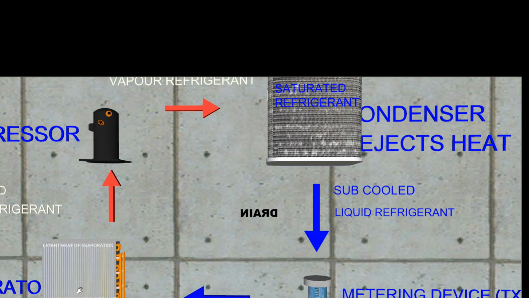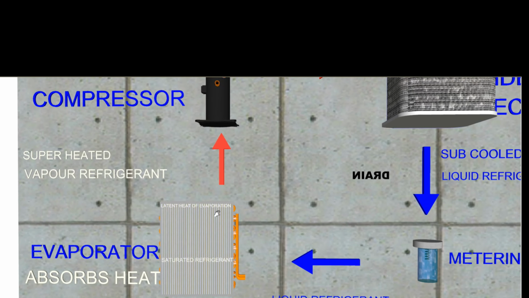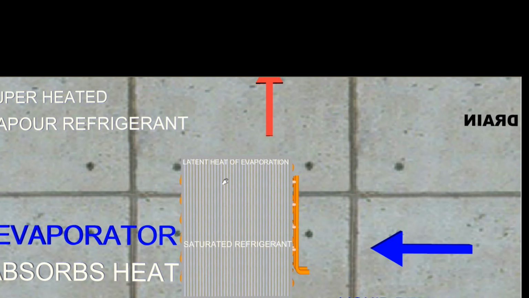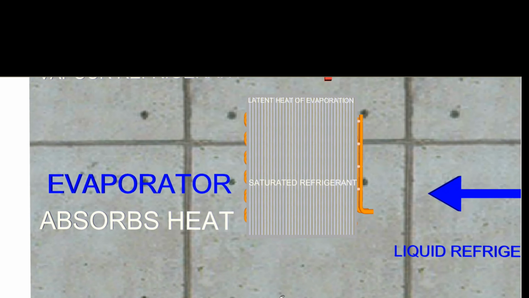It was here and is here. But this is where latent heat of condensation took place. Now it's going to be latent heat of evaporation. So this saturated refrigerant, as it goes through all these coils and ends up in the top, is going to end up as vapor. It's going to vaporize, because these coils on this side absorb the heat. So they're going to absorb the heat that's coming in from the ambient room air temperature too.